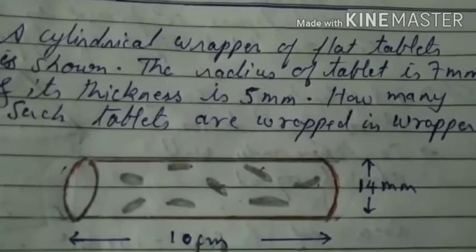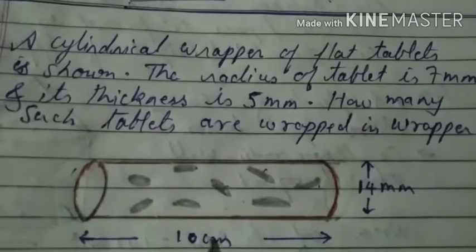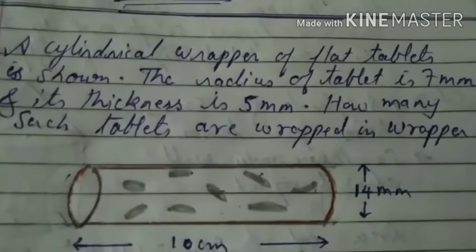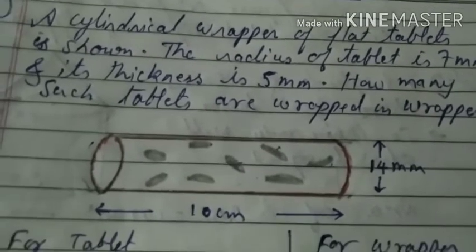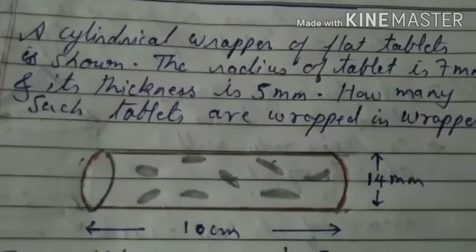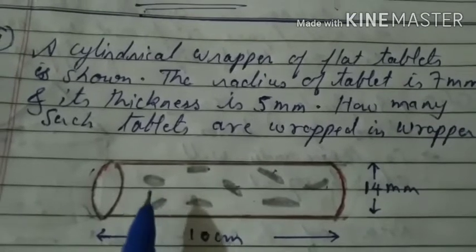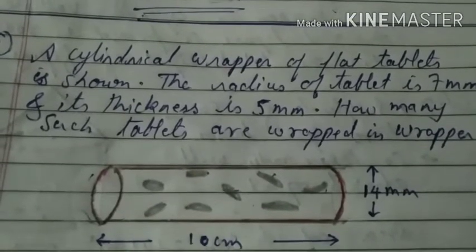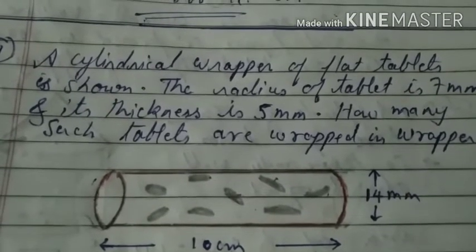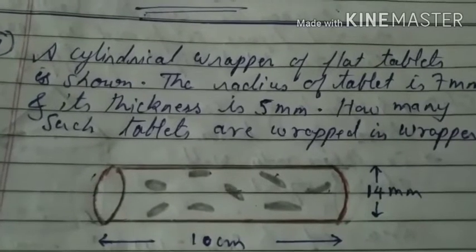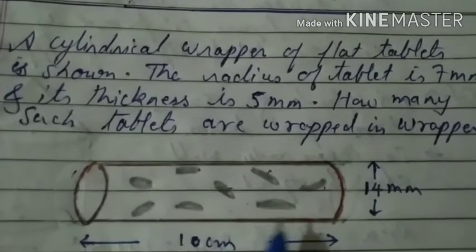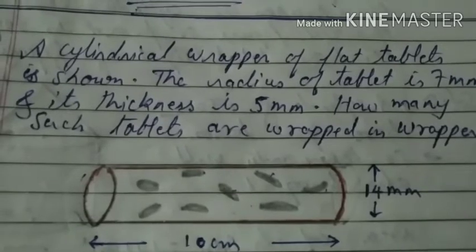So 10 centimeter will be 100 millimeter. So now students, first we'll write the given part very clearly. If you write the given part clearly, you can easily solve the sum, because we have to divide the number of tablets, that is volume of wrapper divided by volume of tablet, will give you exactly how many tablets we can wrap in the wrapper.